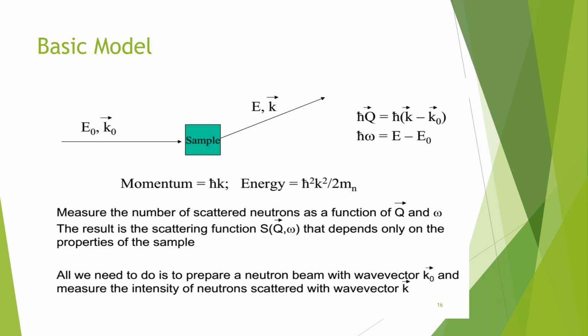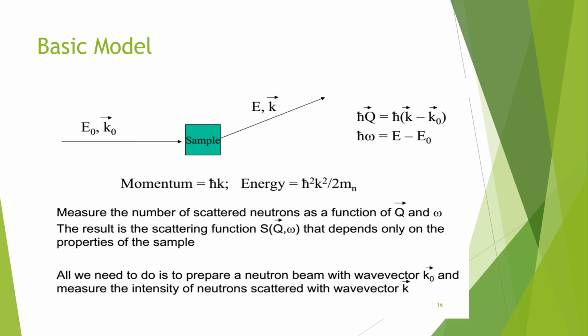Here is the basic model, which shows the neutrons with different kinds of energies coming from the reactor, and after striking the sample these are scattered at a certain angle and their energies also change.